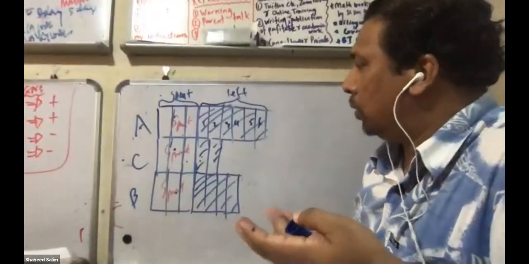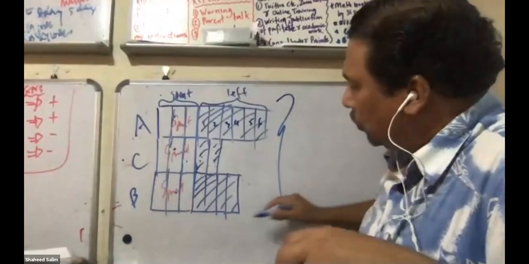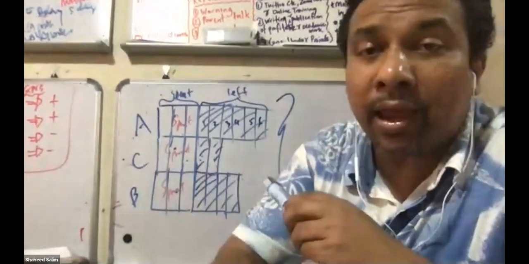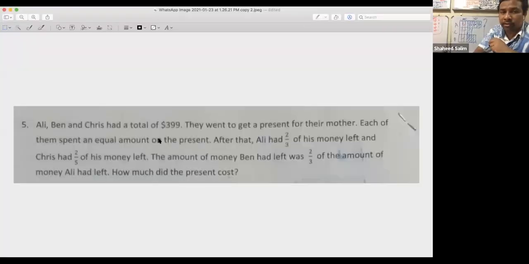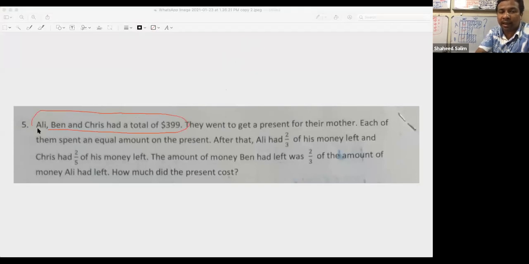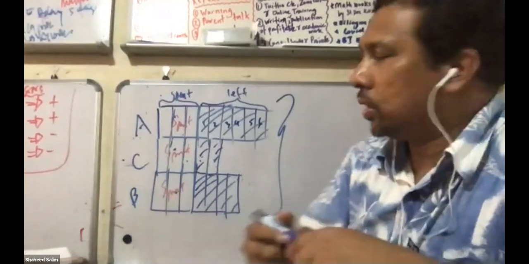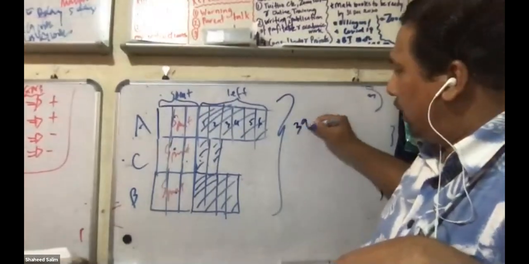So actually now they tell you in the question, if you look, this is where I think there's a problem with your question. That's why I don't trust sometimes questions from tuition centers. The question says down here, you had a total of 399. So whole thing must be 399.